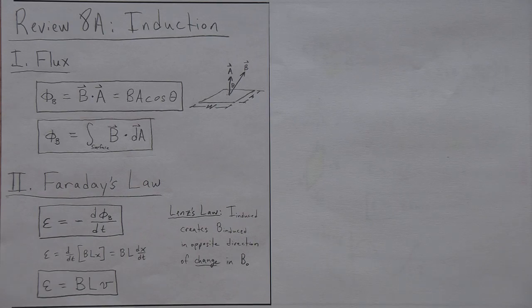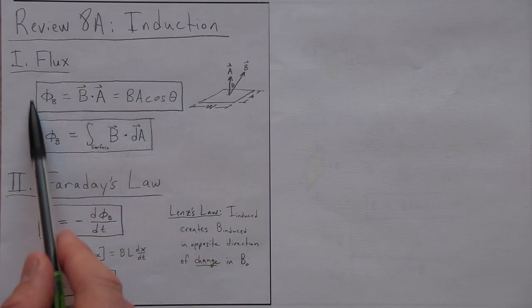But also, in the case of your household electricity, the way that it's generated is by changing the magnetic flux in a coil. So that's what this is saying: the voltage, the EMF, the electromotive force, is equal to the negative derivative of the magnetic flux with respect to time. The more rapidly you change the flux, the more voltage you get. Okay? So how do you change the flux?